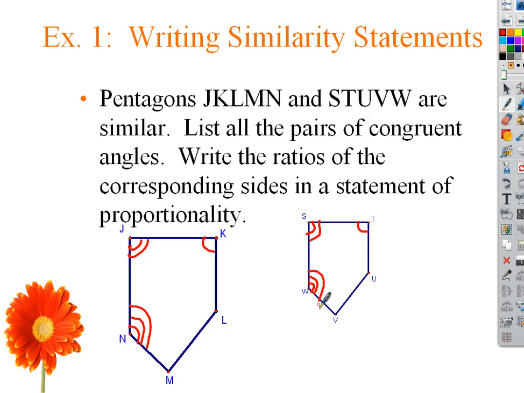ST over JK. Okay, so ST over JK would express the proportionality between these two figures, right? The ratio of ST over JK would have to equal what? Somebody give me one other fraction that would have to be equal to that. One other ratio.